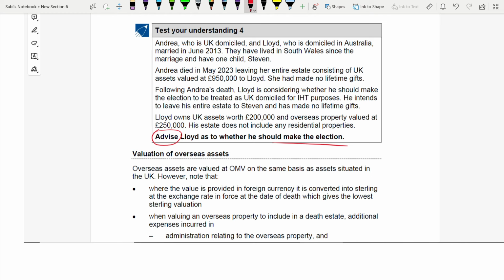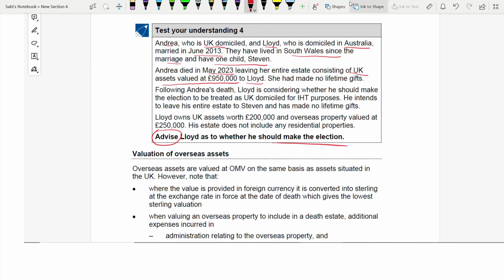Now we'll read. Andrea, who is a UK domicile, and Lloyd, who is domiciled in Australia, married in June 2013. So she is a UK domicile, but he is domiciled in Australia. They have lived in South Wales since the marriage and have one child, Stephen. Andrea died in May 2023, leaving her entire estate consisting of UK assets valued at 950,000 to Lloyd.